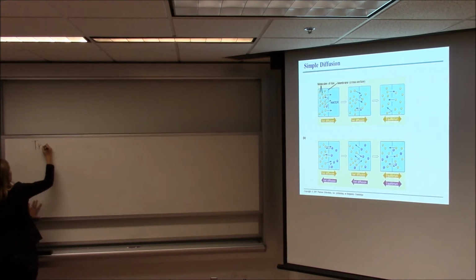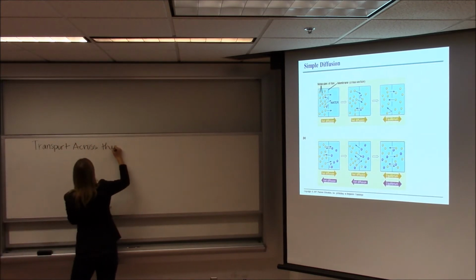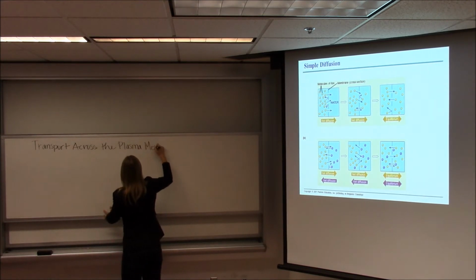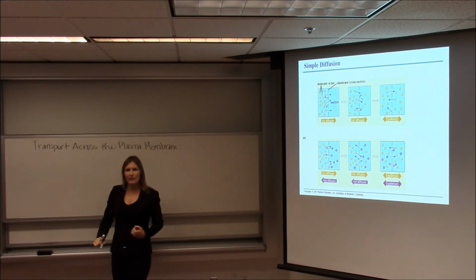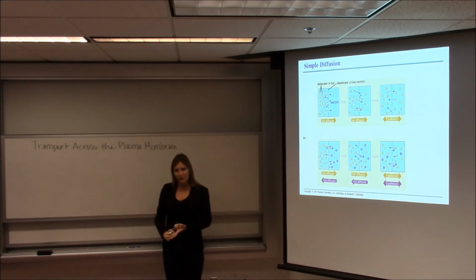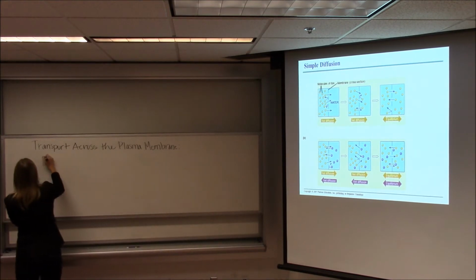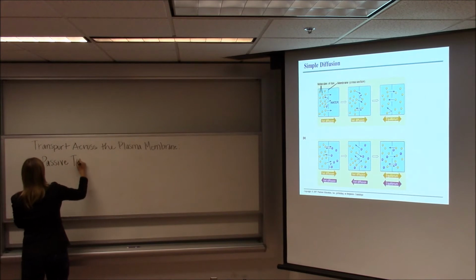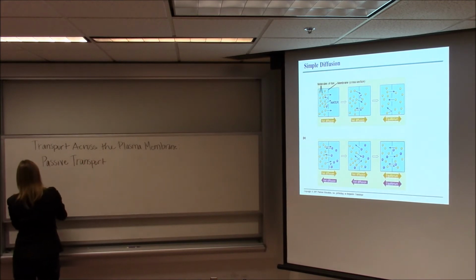In other words, transport across the plasma membrane. Two major categories of transport across that plasma membrane: passive transport and active transport. And the names really define themselves. Passive transport is passive and active transport is active.